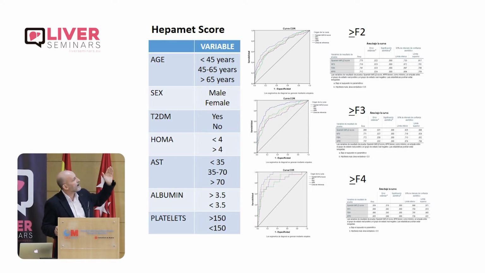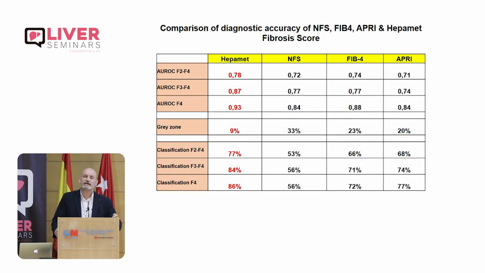The area under the curve for significant fibrosis, advanced fibrosis, and cirrhosis is higher and significantly better in comparison with NAFLD fibrosis score, APRI, and FIB-4. But the best part of this method is how it reduces the gray zone, and less than 10% of the results belong to the gray zone.